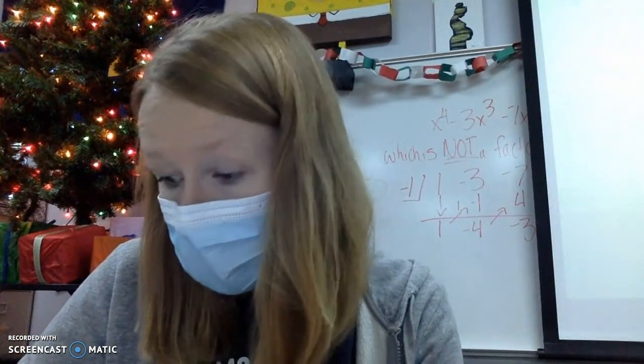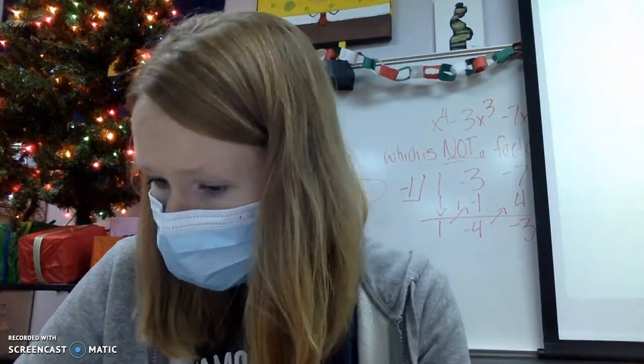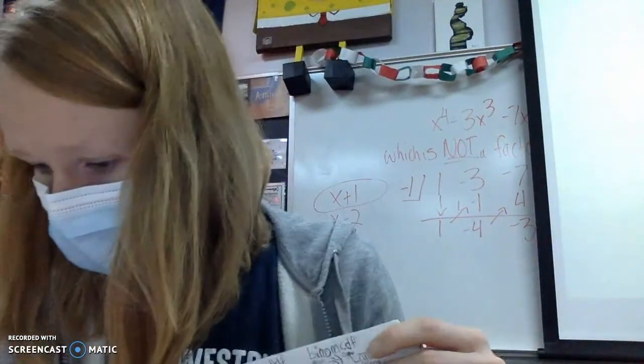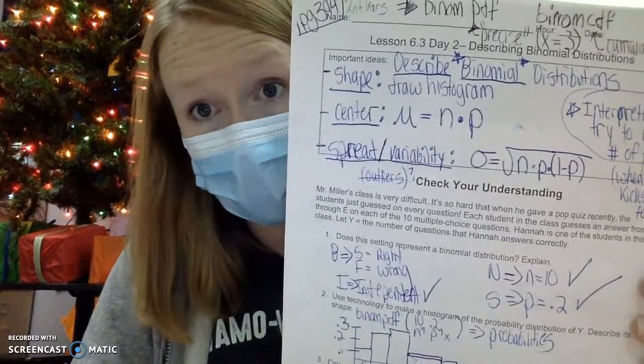And then number 8, it gives you a percentage and then a sample size, and then you're going to have to figure out the mean and standard deviation from there. So you might want to look at your formulas for mean and standard deviation, and you'll have to think about, is it like a binomial distribution, right?